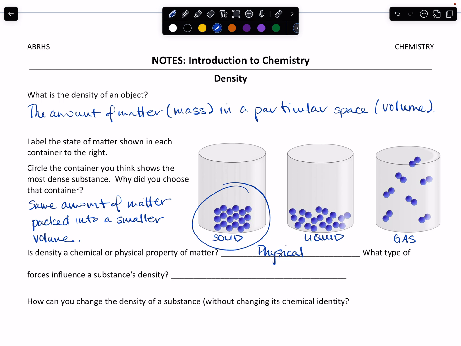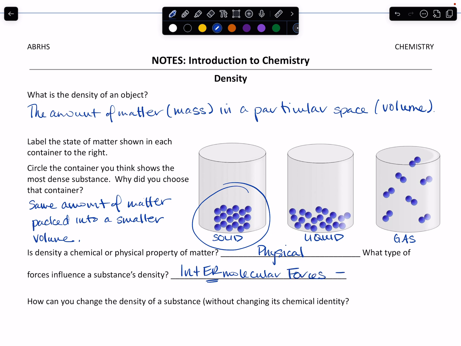All right, so the types of forces that are going to influence a substance's density, because it is a physical property, are the intermolecular forces, those forces between the particles.